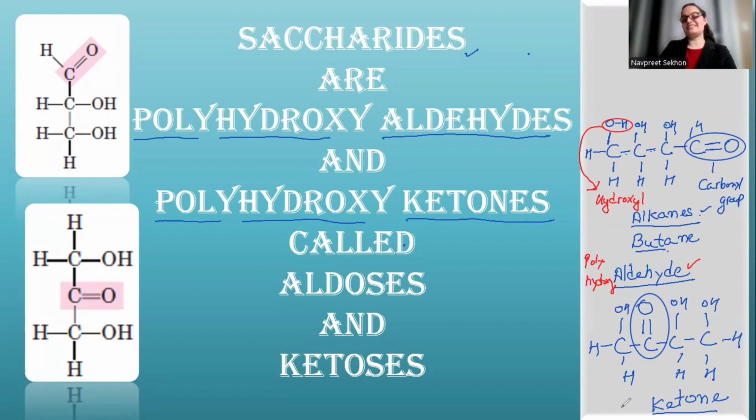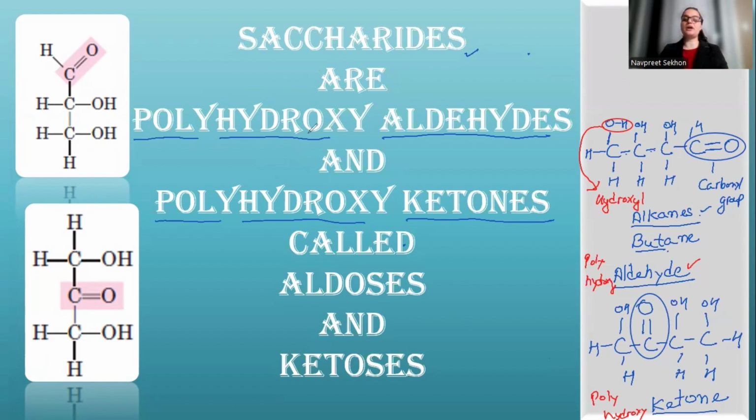Then in that case, suddenly there are so many OH, so it will become polyhydroxy ketone. Polyhydroxy means many hydroxy, a ketone with many hydroxyl groups, right? So I hope now the chemical definition of saccharides is clear to you.